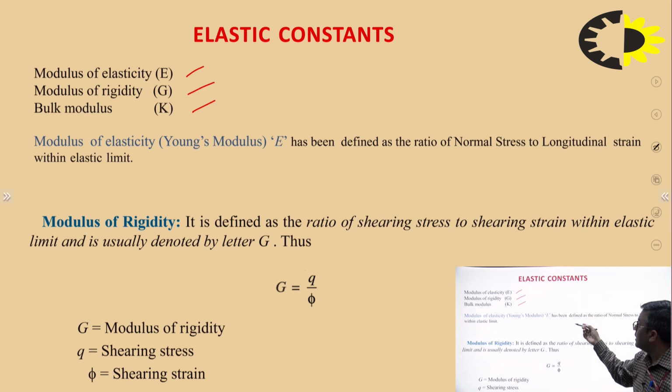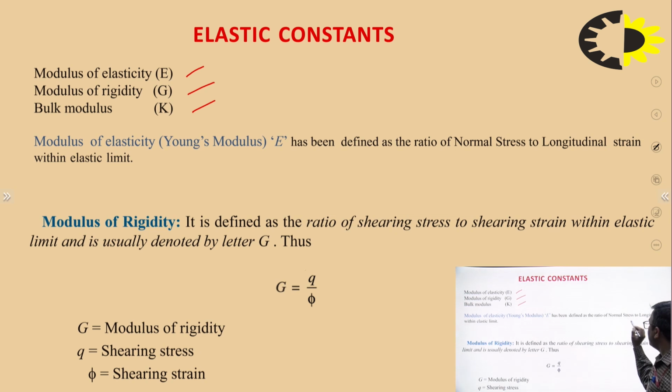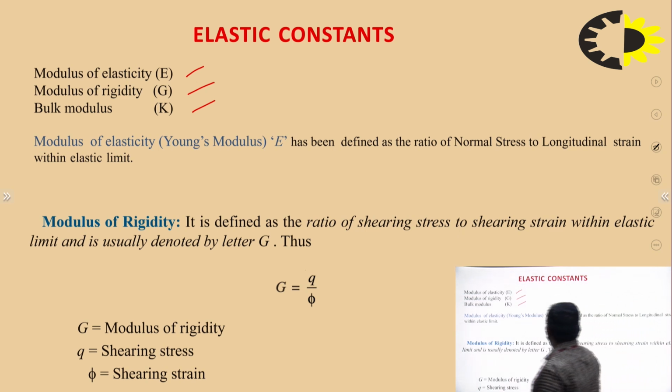We discussed different elastic constants or different moduli of elasticity. Modulus of elasticity, somewhere it can be written as Young's modulus also. It has been defined as the ratio of normal stress to longitudinal strain within the elastic limit. What does it mean?